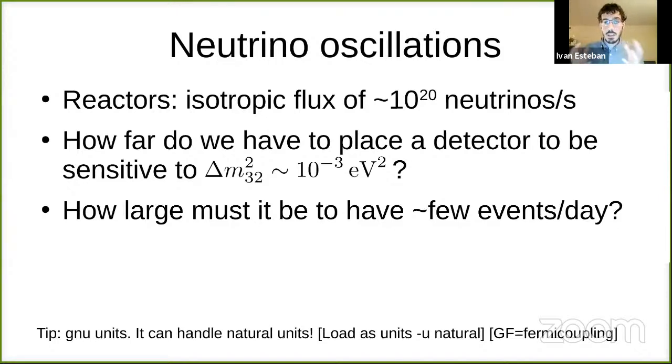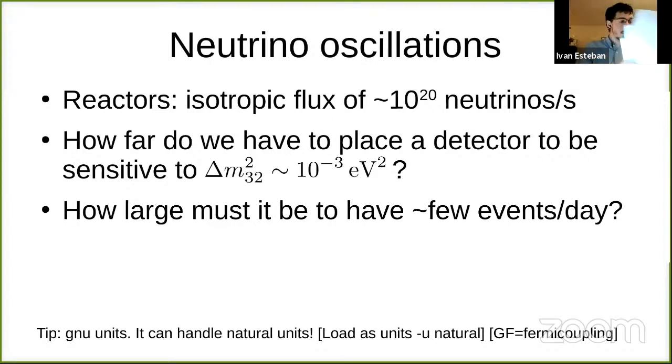Imagine that we are experimentalists and we want to observe neutrino oscillations because they are our first piece of evidence of physics beyond the standard model, and so this is quite relevant. And we want to understand how large the detector must be and where we have to place it in order to observe a few events per day.